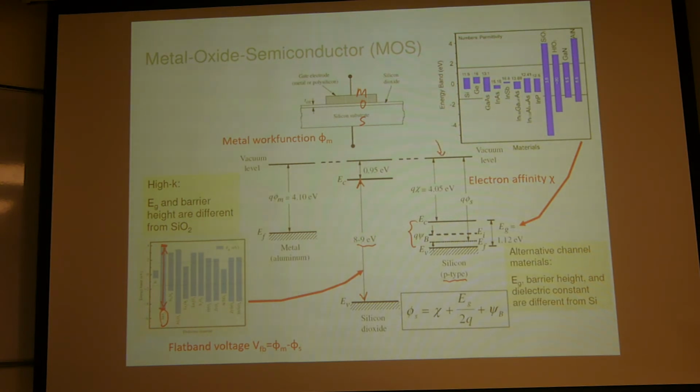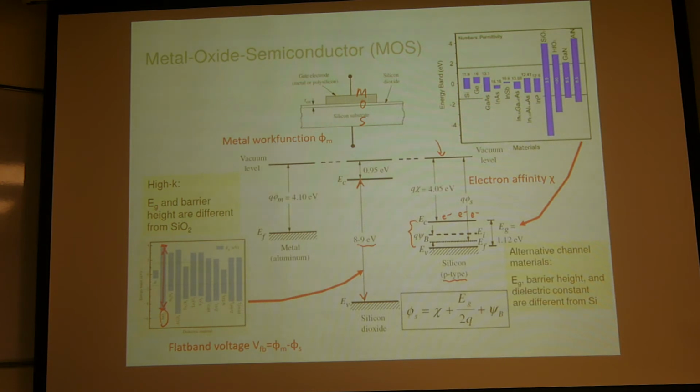So this is the vacuum level. We need to discuss this vacuum level. This is an energy level where the electron is in the vacuum. In other words, if you want to reach that level, you need to kick out the electron from the silicon. Electrons used to be here, like the conduction band edge, EC.